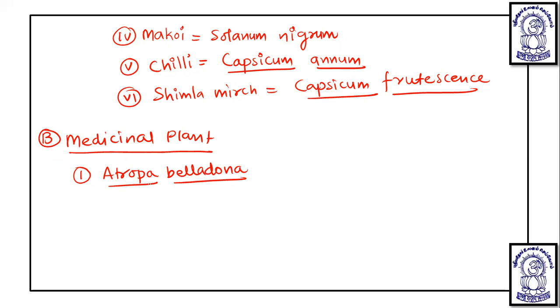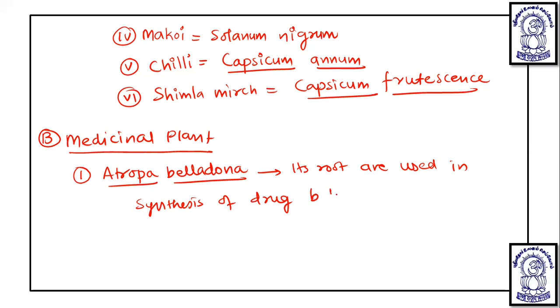If we talk about Atropa belladonna, its roots are used in the synthesis of the drug belladonna.